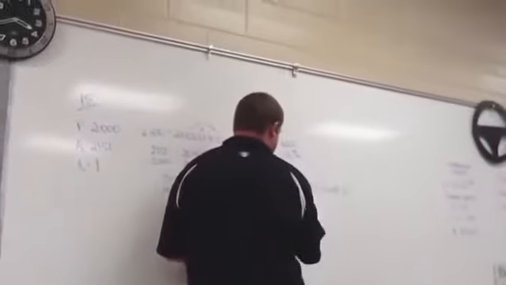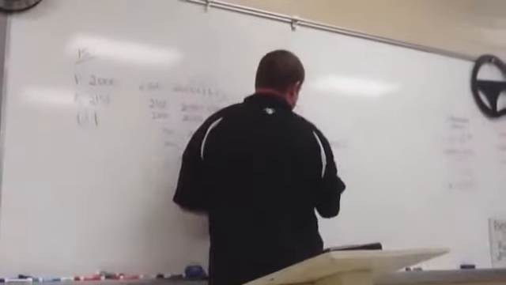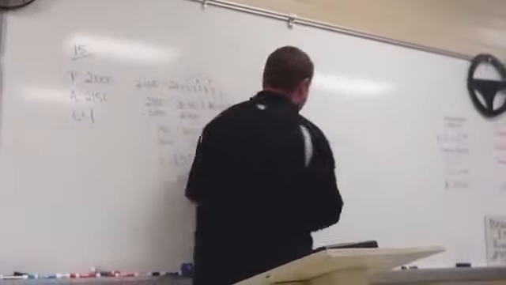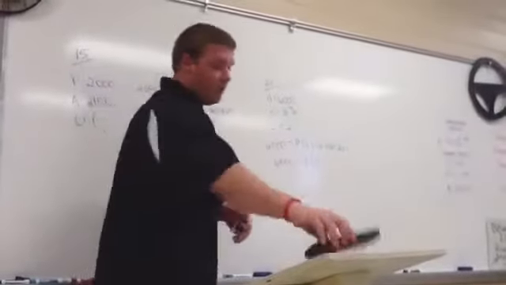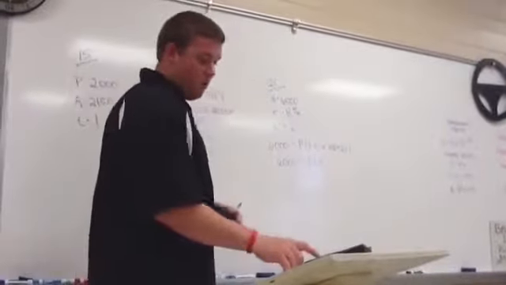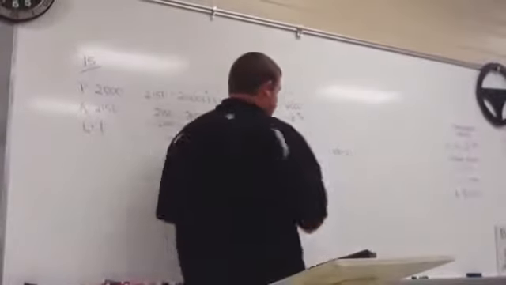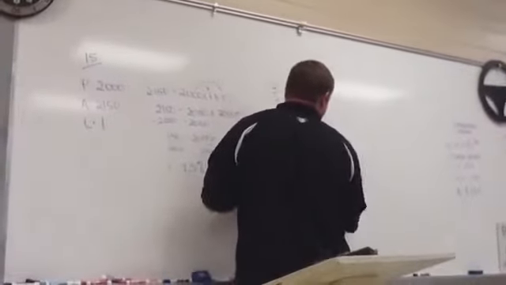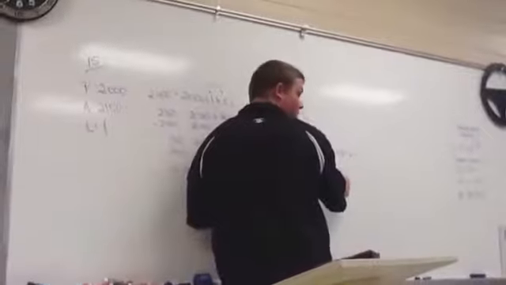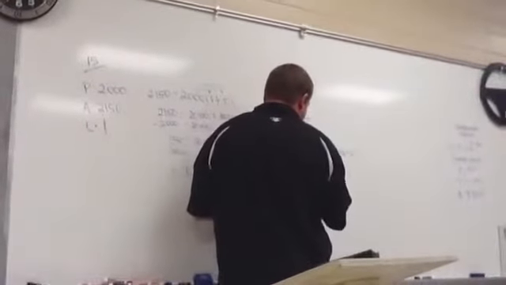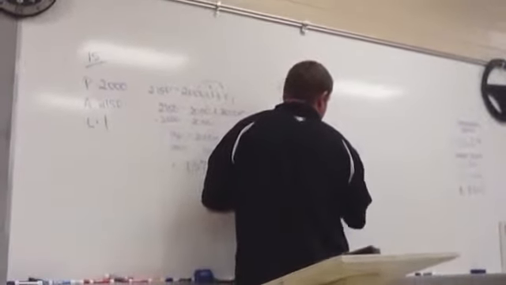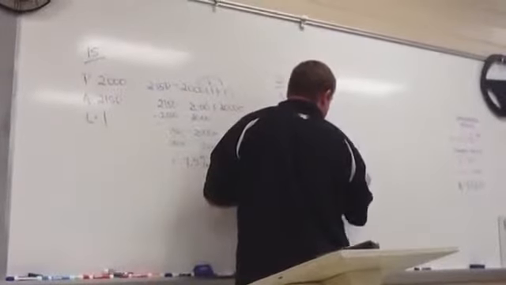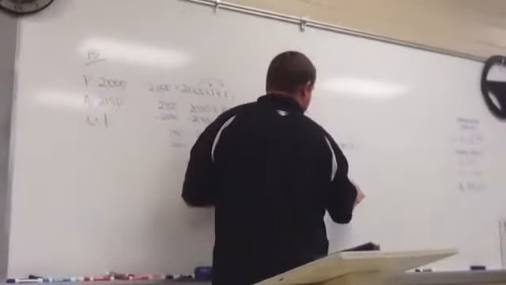So I've got 6,000 equals the principal times 1 plus 0.08 times 2. We get 0.16. I add these two together because of order of operations, so I get 6,000 equals P times 1.16. Divide by 1.16.